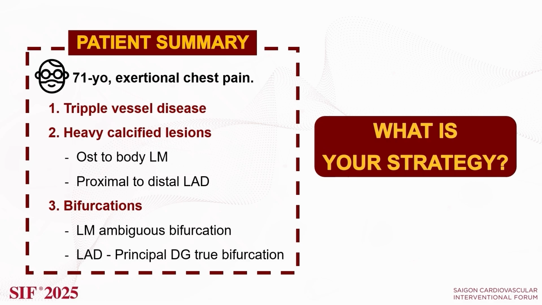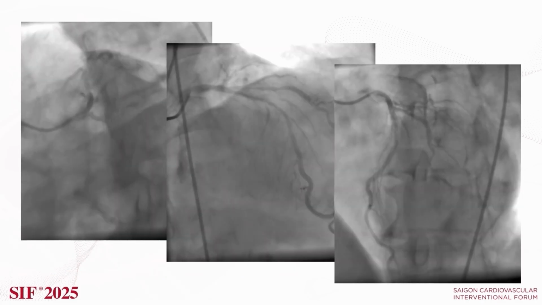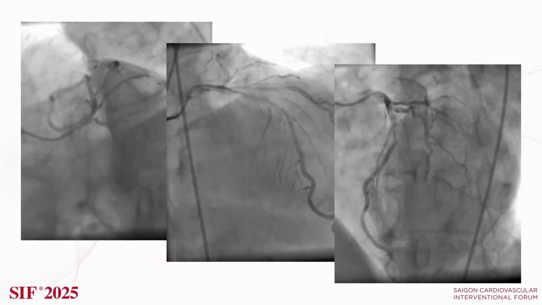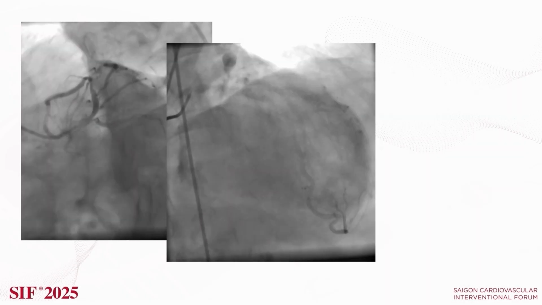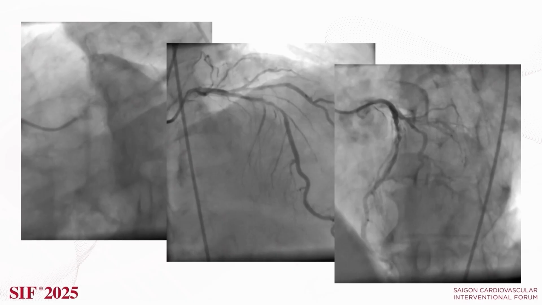Given the complexity of the anatomy, I think all of us will agree that imaging will give more information. In my center, we don't have OCT, so IVUS will be my choice.